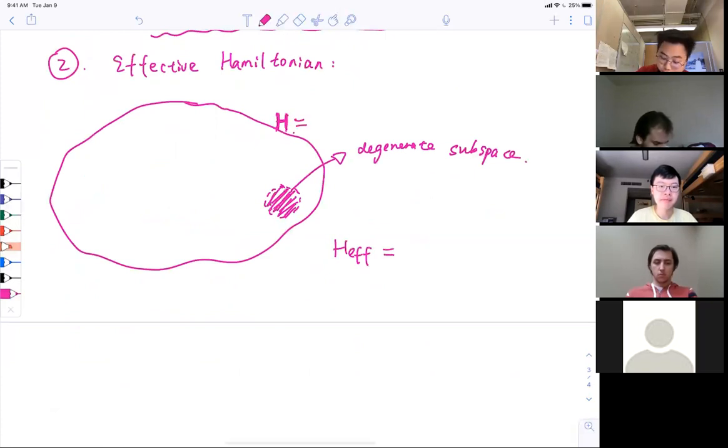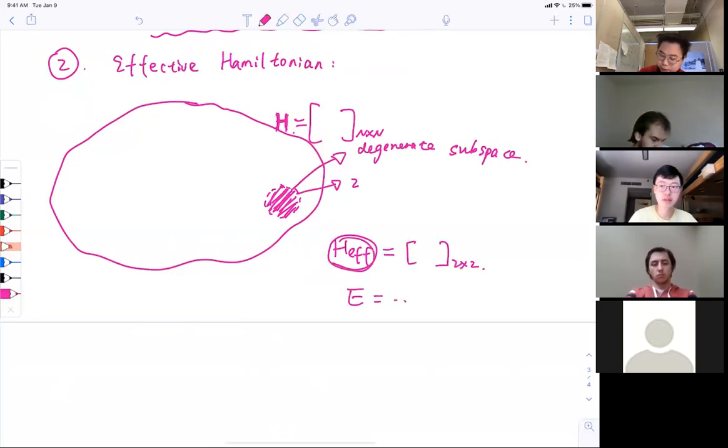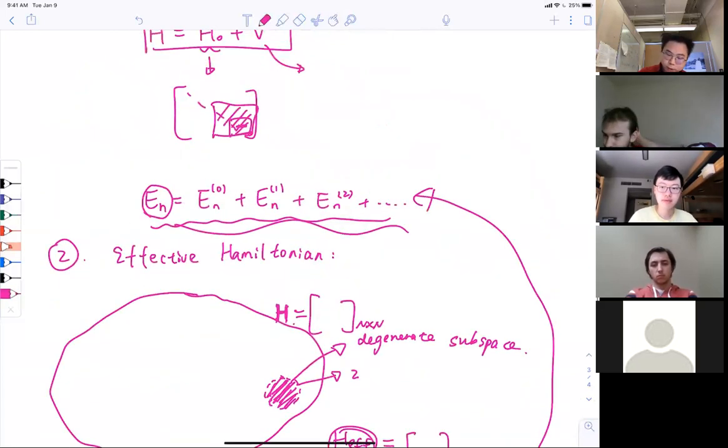If the original is an m by m matrix and this subspace is 2-fold degenerate, then this effective Hamiltonian is only 2 by 2. If we diagonalize it, we get some energy, and this energy is exactly the energy you get from the perturbation of the whole Hamiltonian.